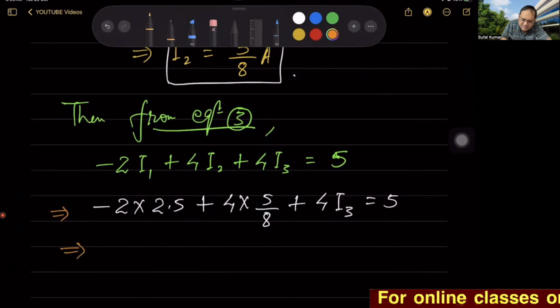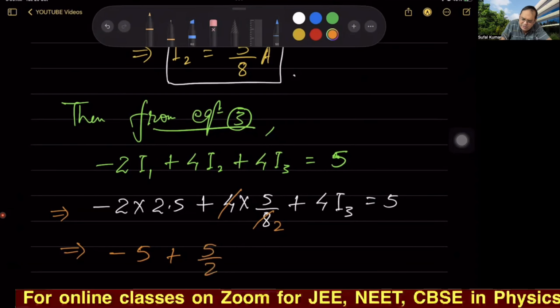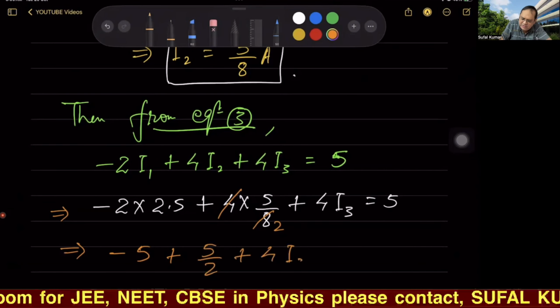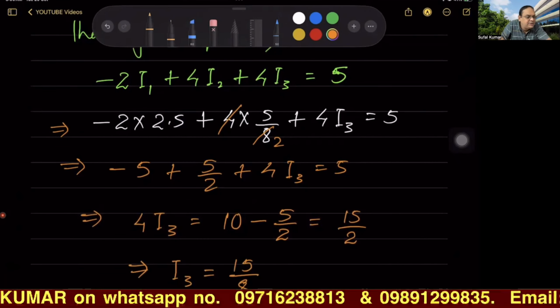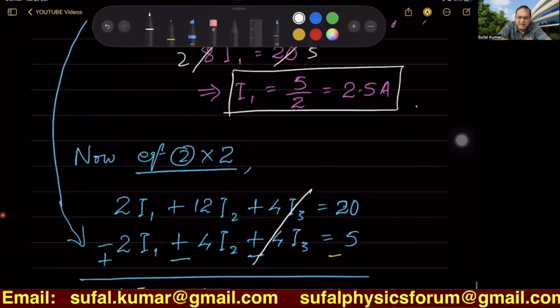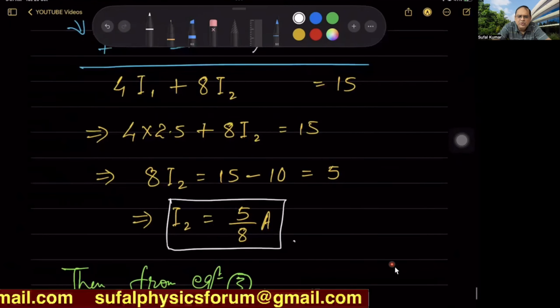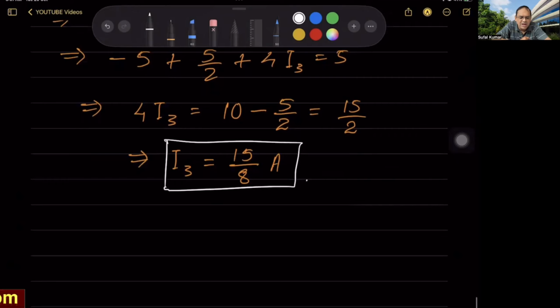It implies that minus 5 plus 5 by 2 plus 4I3 is equal to 5, so I3 is 15 by 8. This way, after obtaining these three values, I1, I2 and I3, we have got the values for all the branch currents.